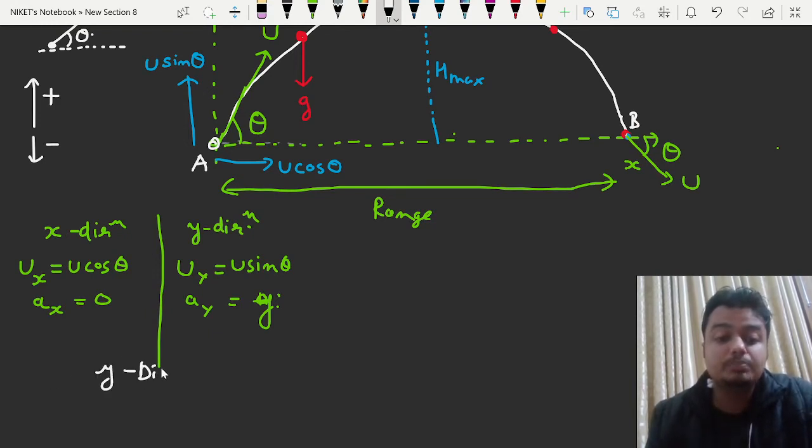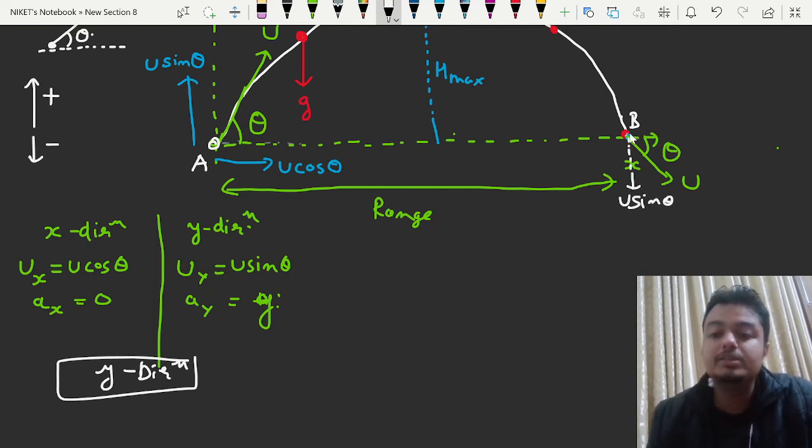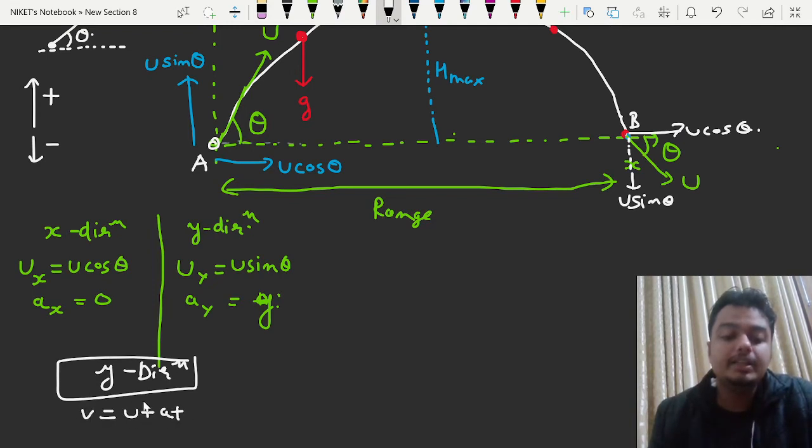We will be just splitting the components of y direction. We can say in y direction, when the projectile is thrown up, its velocity in the y direction is upwards, that is u sin theta. But when it is coming down, the component will be downwards, that is u sin theta, and u cos theta will be this component. So since it is down, we can use v equals u plus at in y direction.